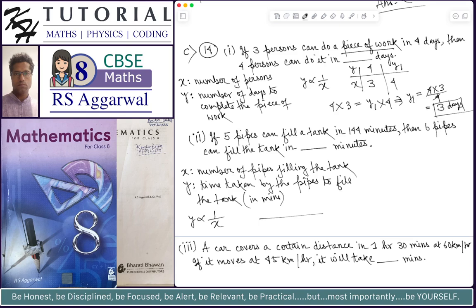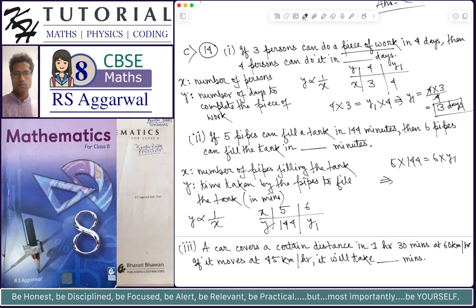So let's create the table of x and y. It is given that 5 pipes can fill the tank in 144 minutes, and it is asking how many minutes 6 pipes need. Let's say 6 pipes can fill the tank in y1 minutes. So we must have 5 multiplied by 144 equal to 6 multiplied by y1.